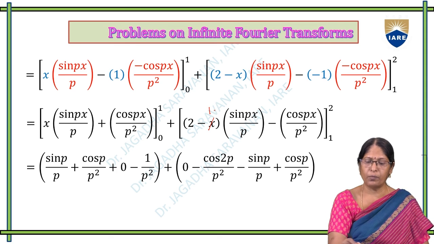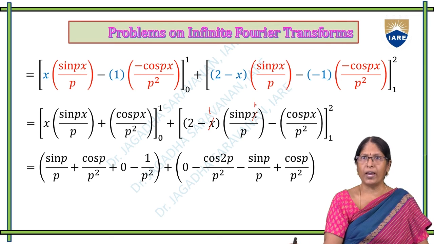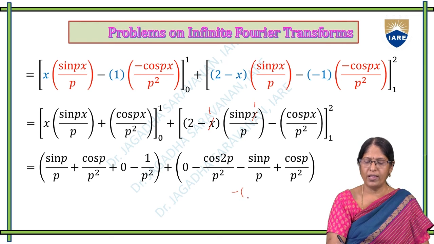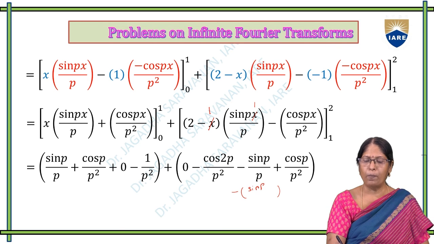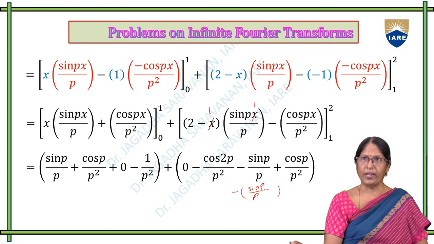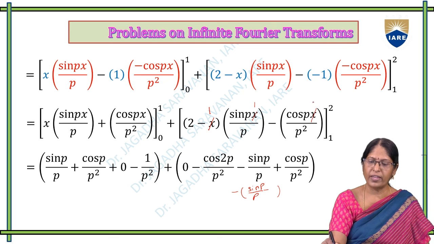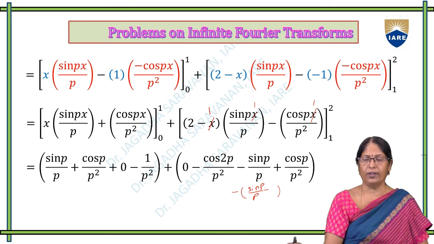So it has become 2 minus 1, 1 into, here also 1, sin p by p. So minus lower limit, so sin p by p. Next, minus, this is problem minus. Here x place 1, cos p by p square.